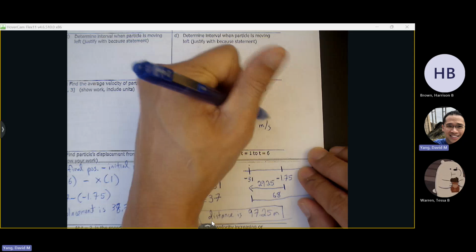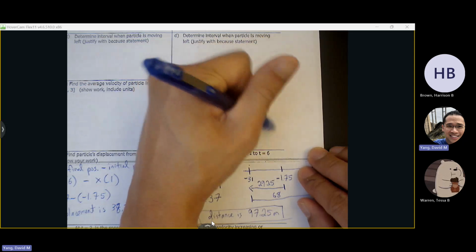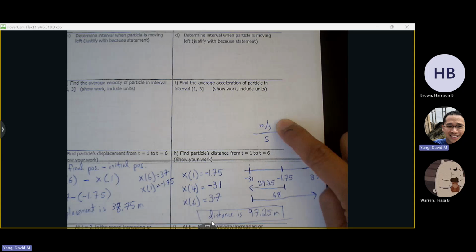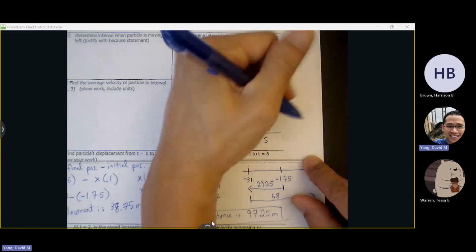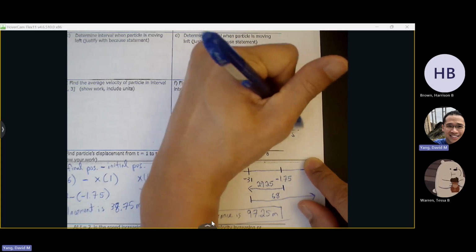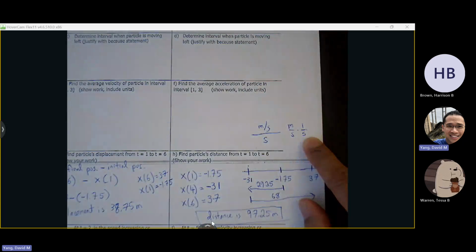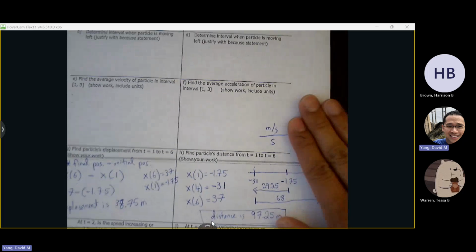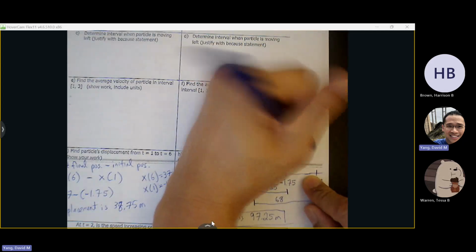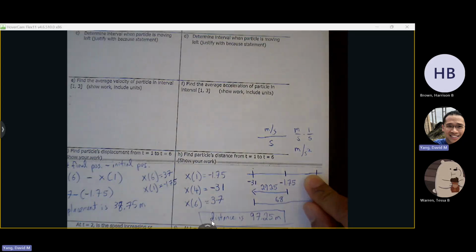So it's the unit for velocity over seconds, the change in velocity over the change in time. Meters per second divided by seconds is the same as meters per second times 1 over s, which is meters per second squared. If you leave it as meters per second, that's fine as well, but a lot of people would just reduce it to meters per second squared for acceleration.